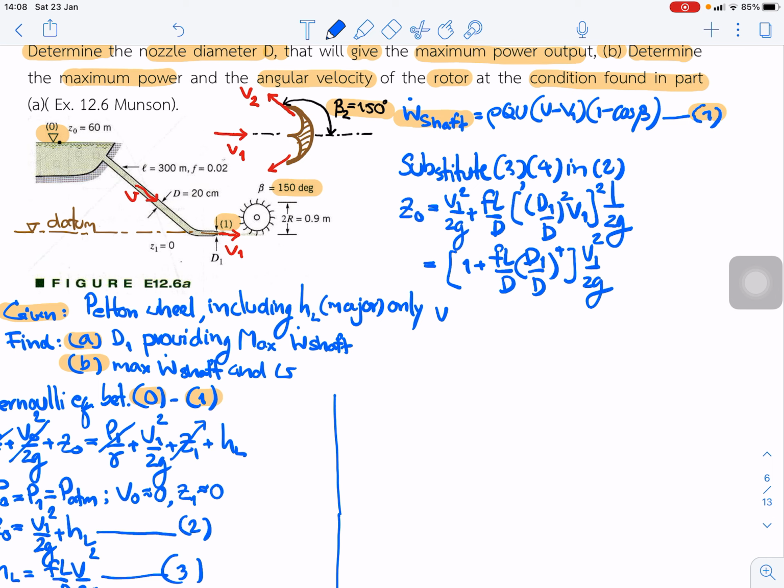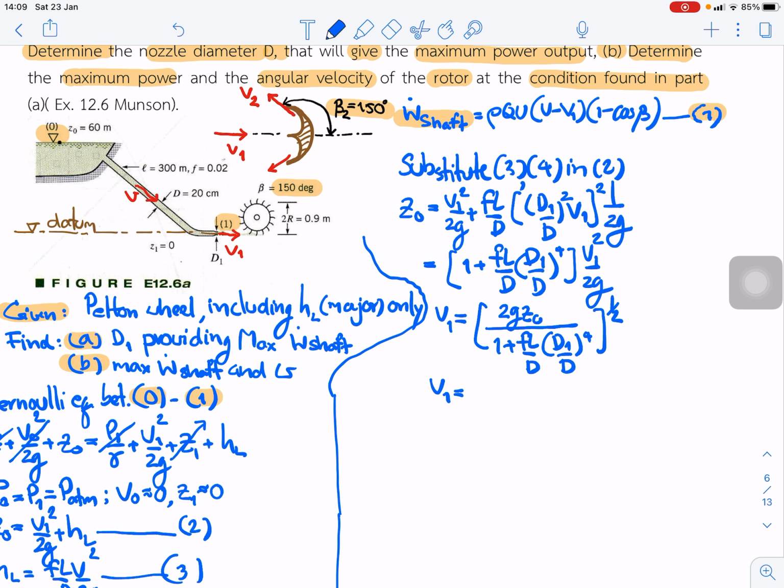And from this we can rearrange the equation for V1, with a square root.